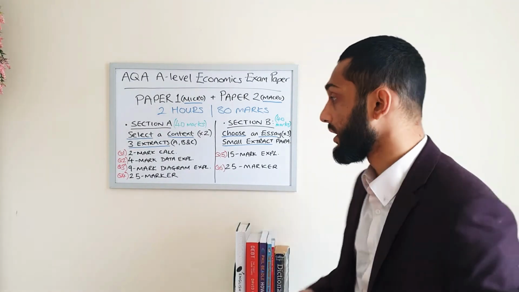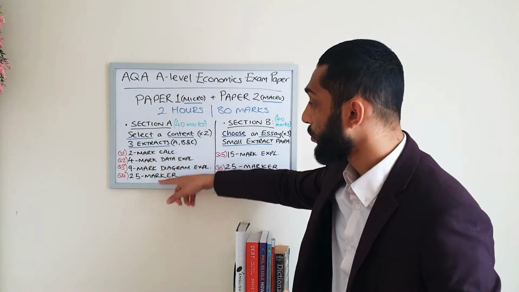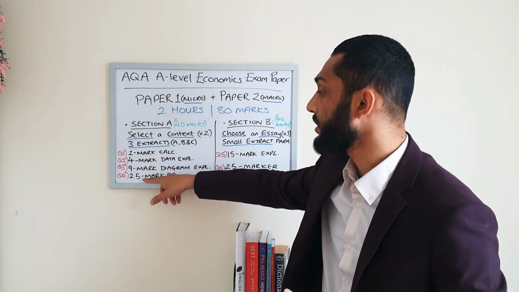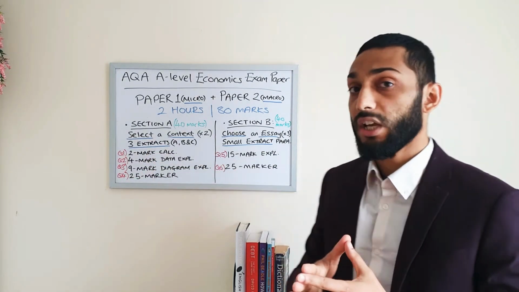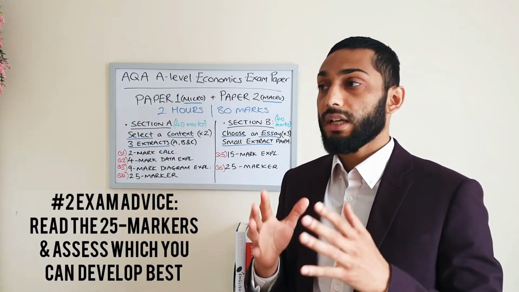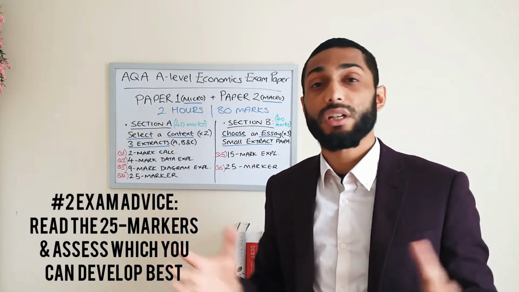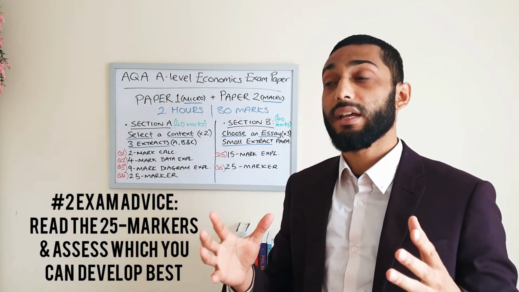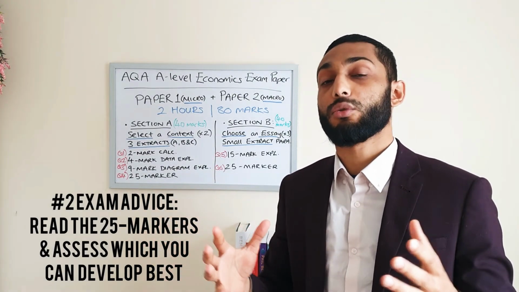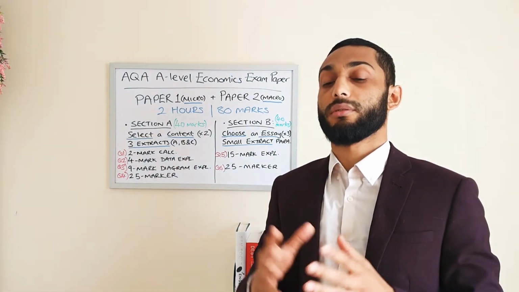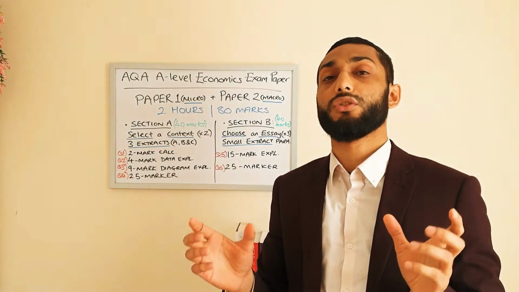On that note, you will have 4 types of questions there: a 25 marker, a 9 marker, 4 and 2. The reason I start with the 25 marker is that when you're selecting the context, look at the 25 marker very carefully and see if you can potentially get most of the marks in that question. So for context 1 or context 2, look at the 25 marker.